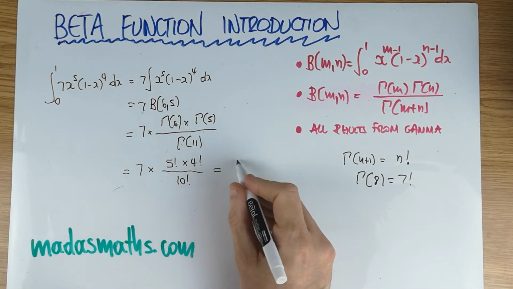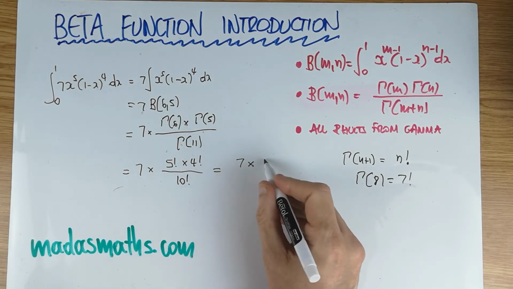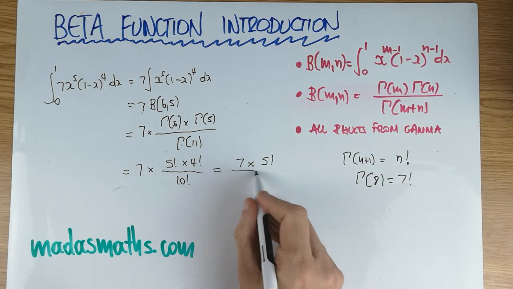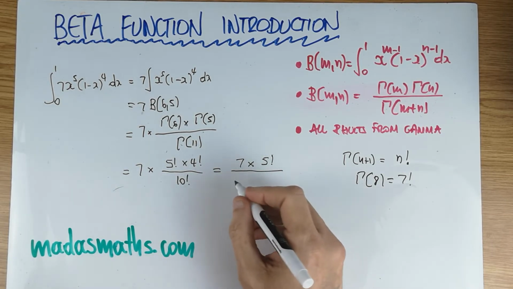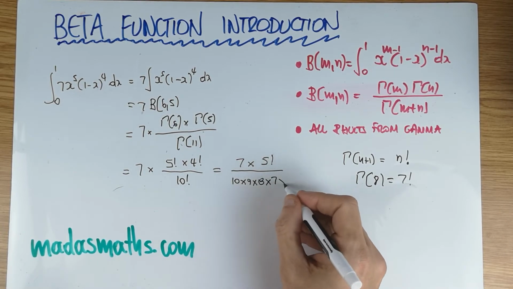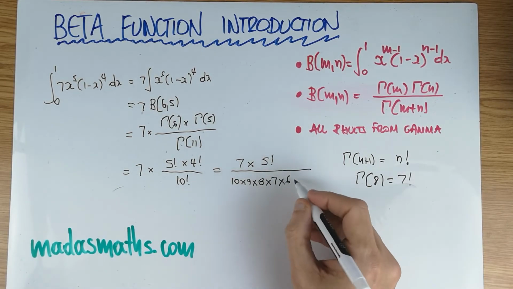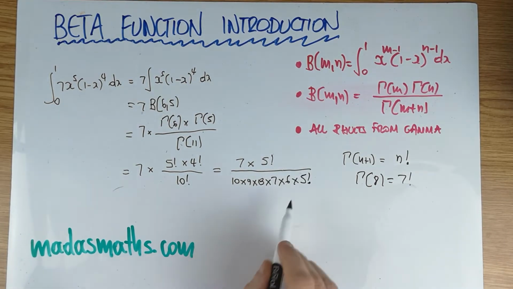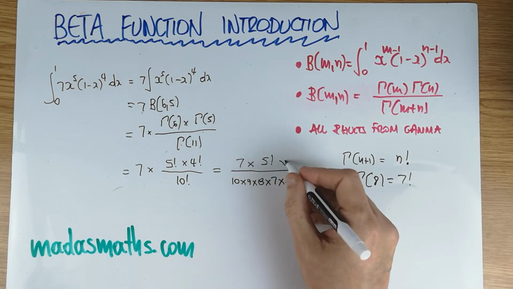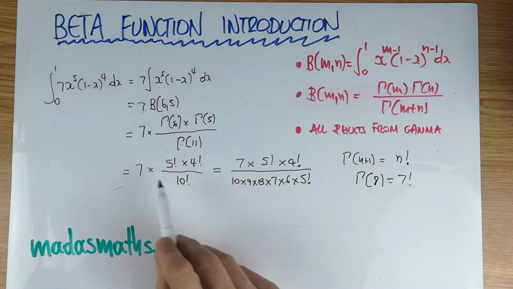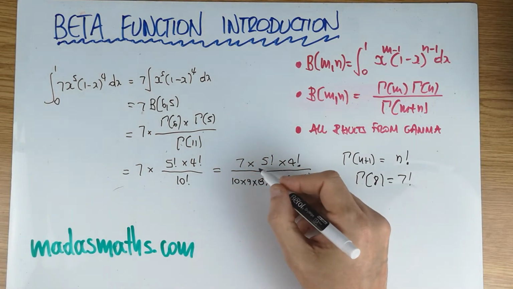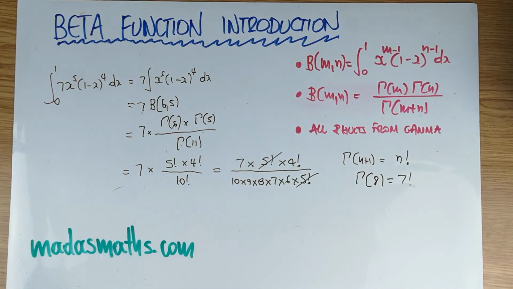And if I take the bigger factorial from the top, I can cancel it with part of this 10 factorial as follows. 10 times 9 times 8 times 7 times 6, and then the rest I'm going to write as times 5 factorial. And of course on the top we still have a 4 factorial, I forgot to write it. So that's the 7, 5 factorial, 4 factorial, and the 10 factorial I wrote like that, so I can cancel the 5 factorial without evaluating it.